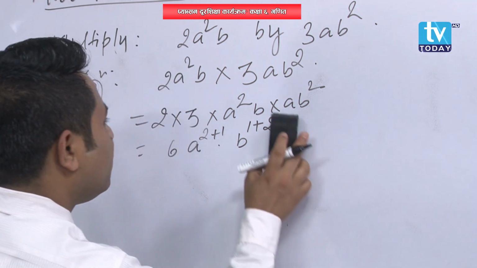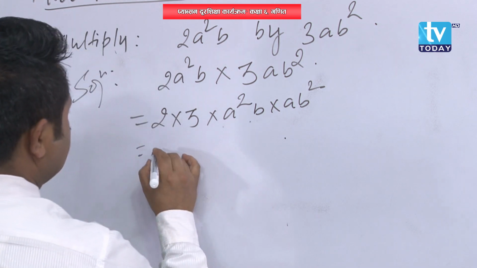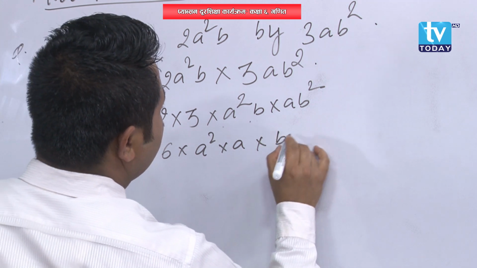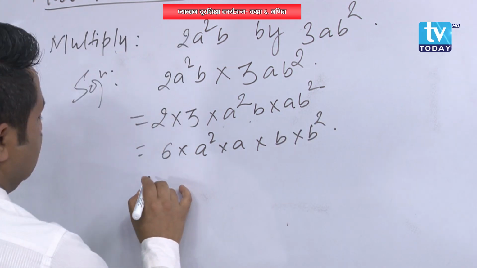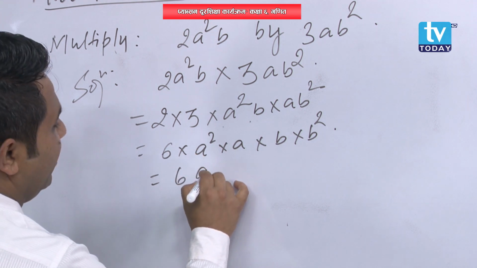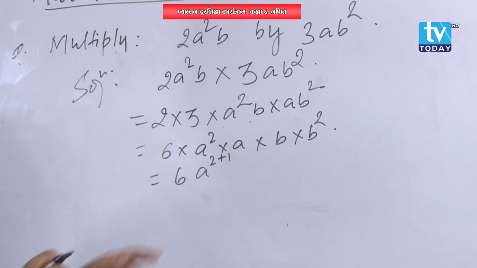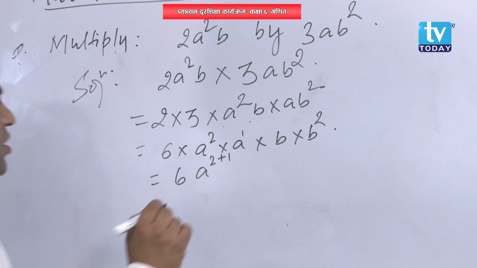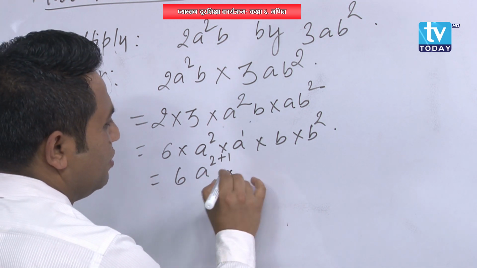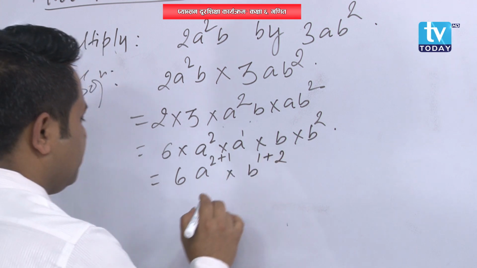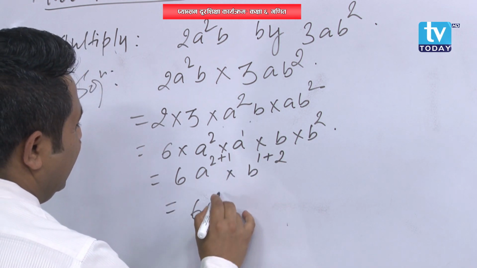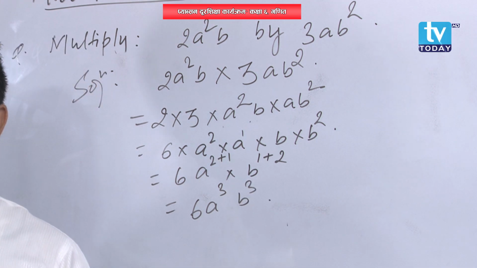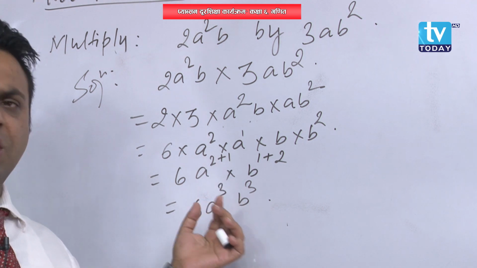Otherwise you can write them together: 2 times 3 is 6, into a square into a into b into b square, equals 6 a square. You can add the powers because the base is the same, here a, here also a, here b, here also b. So you will get 6 a 3 b 3, that is 6 a cube b cube. This is the answer. Is that clear?